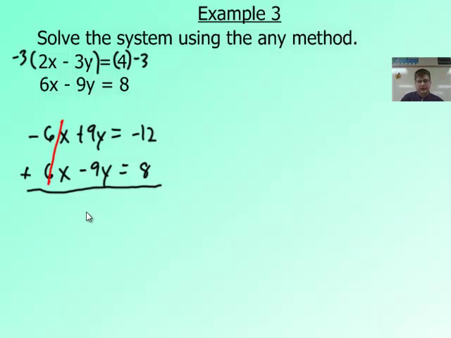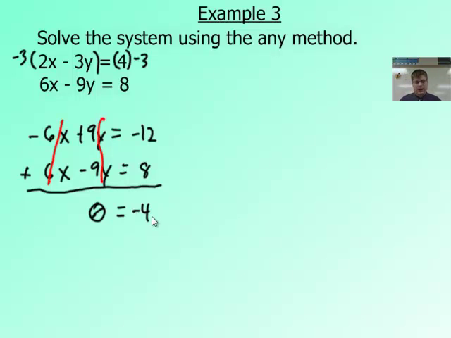Our 6's both eliminate. They're gone. Kaput. And the 9's, they're eliminated as well. So that means there's nothing left. We represent nothing with a big fat 0. So 0 is equal to, and then -12 and 8 leaves us with -4.